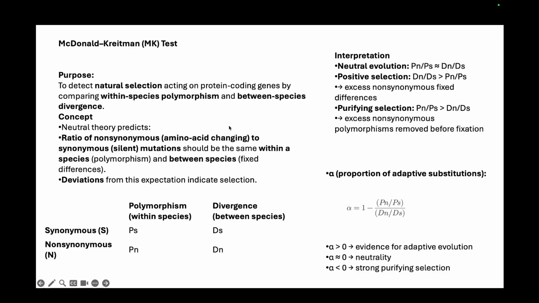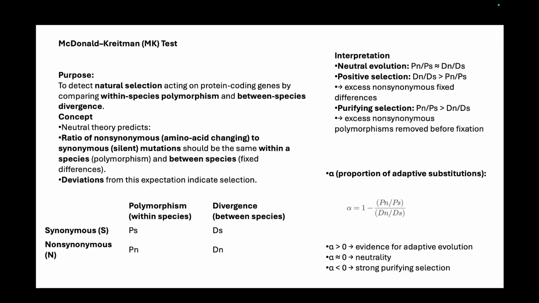So the idea of this test is to detect natural selection acting on protein coding genes by comparing within species and between species. What are the variations that are present within species and what are the variations that are present between species. So the concept is that neutral theory predicts that the rate of non-synonymous to synonymous should be the same within a species and between species.